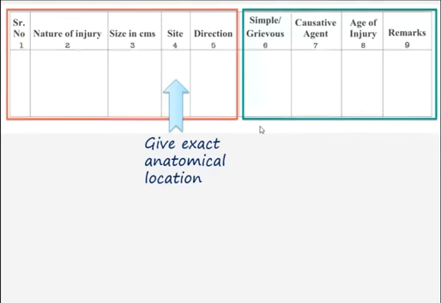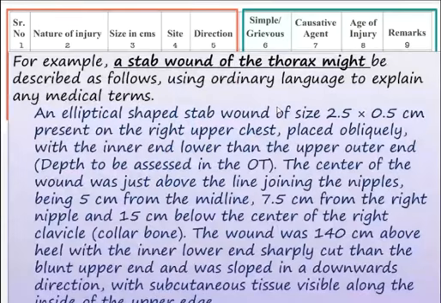For example, a stab wound on the thorax might be described as follows, using ordinary language. Why ordinary language? If you write on the back of the hand, over the metacarpophalangeal joint, you find the abrasion, the law enforcement authority in the courtroom may not follow it very well.